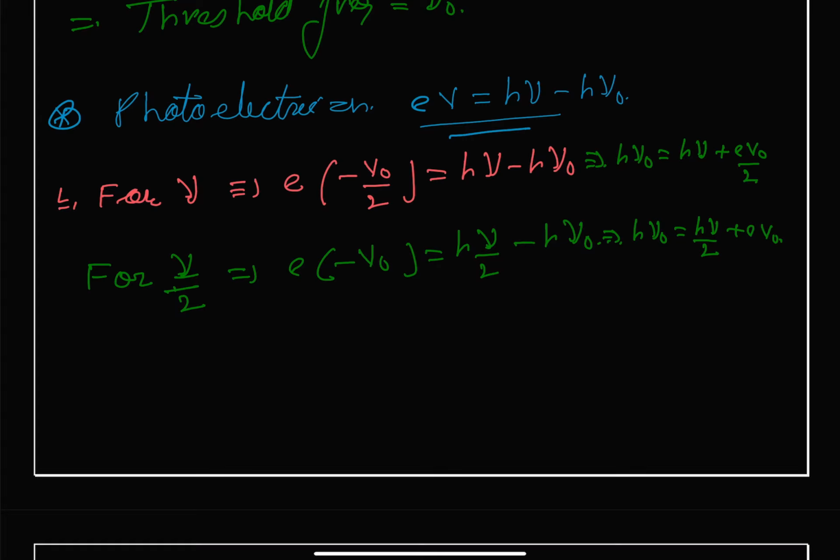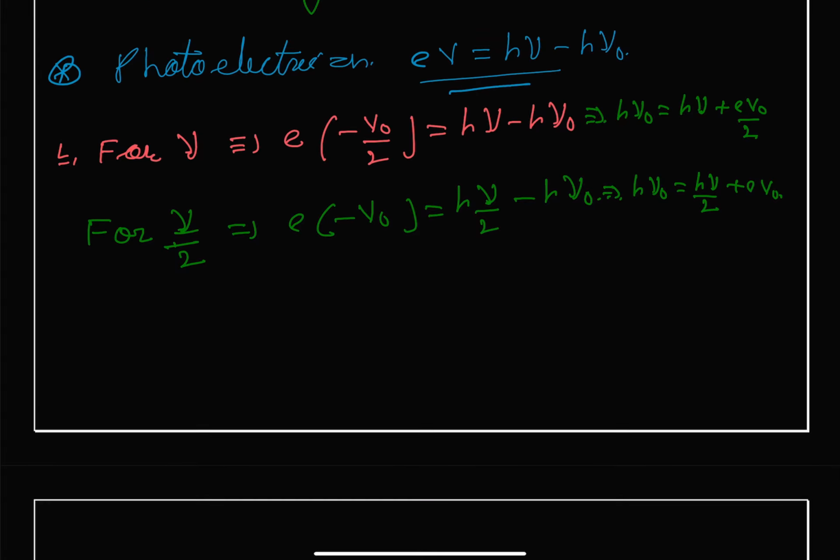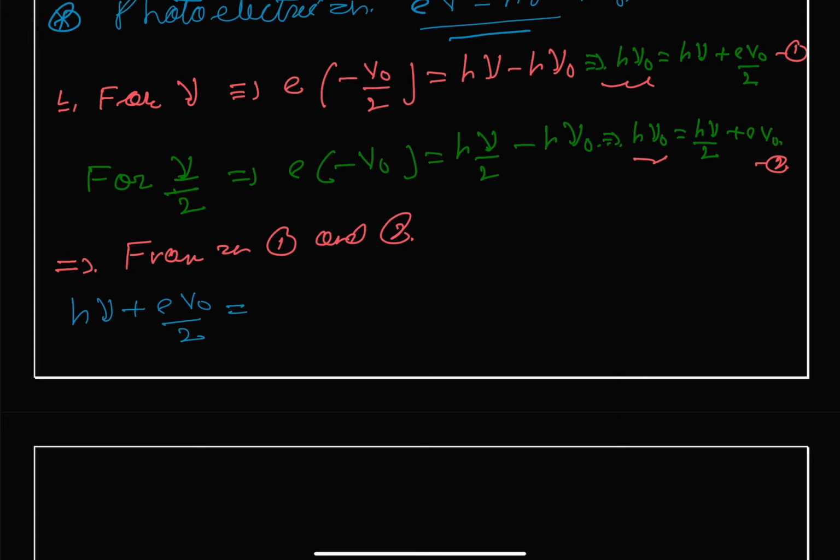And we just equate them, because our left side is same. Let this be equation number 1 and equation 2. So from equation 1 and 2 we can write that h nu plus E V naught by 2 is equal to h nu upon 2 plus E V naught.